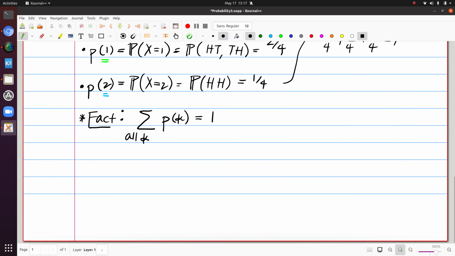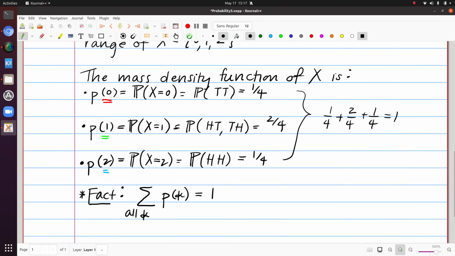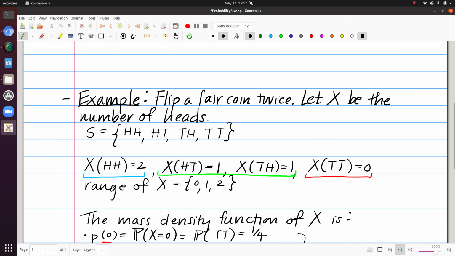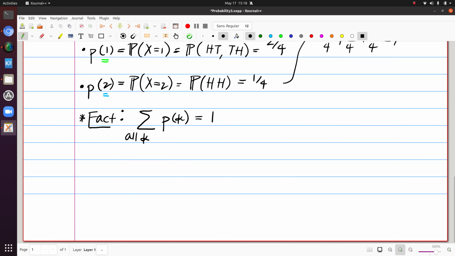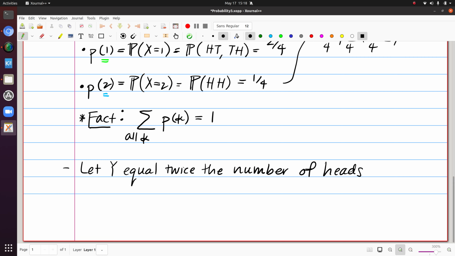And then the last thing I want to cover is to recognize that we can define lots of different random variables on the same sample space. So here x was the number of heads. If I now in the same scenario, let y equal twice the number of heads, my sample space is exactly the same as it was above.